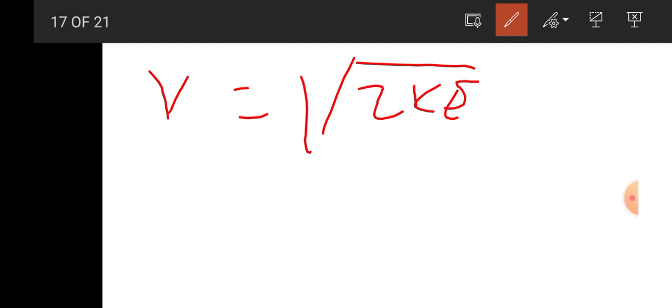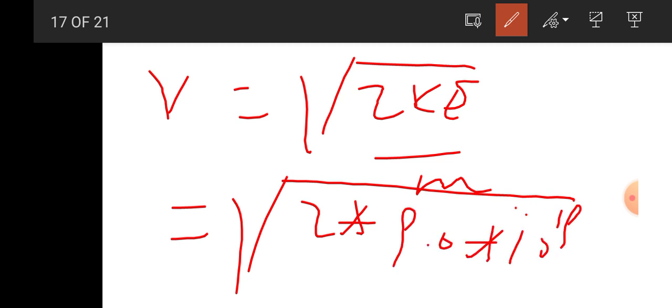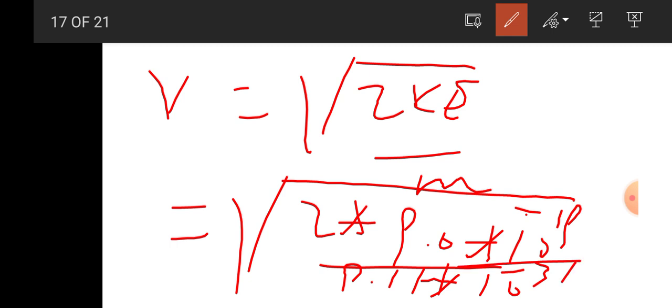So therefore v is equal to the square root of 2 times kinetic energy over mass. This is equal to the square root of 2 times 9.6 × 10⁻¹⁹ over 9.11 × 10⁻³¹.